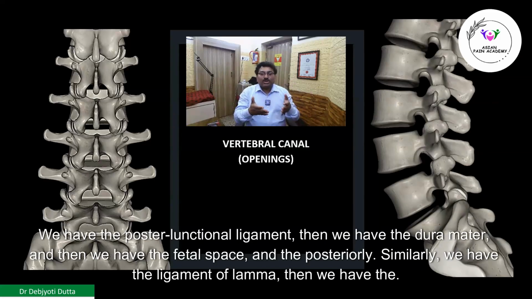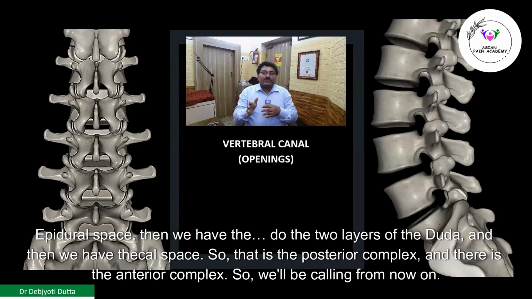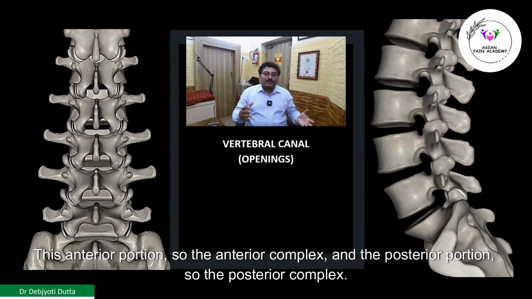Then we have the dura mater, and then we have the thecal space. Posteriorly, similarly, we have the ligamentum flavum. Then we have the epidural space. Then we have two layers of the dura, and then we have the thecal space. So there is a posterior complex and there is an anterior complex. From now on we will be calling the anterior portions the anterior complex and the posterior portions the posterior complex.